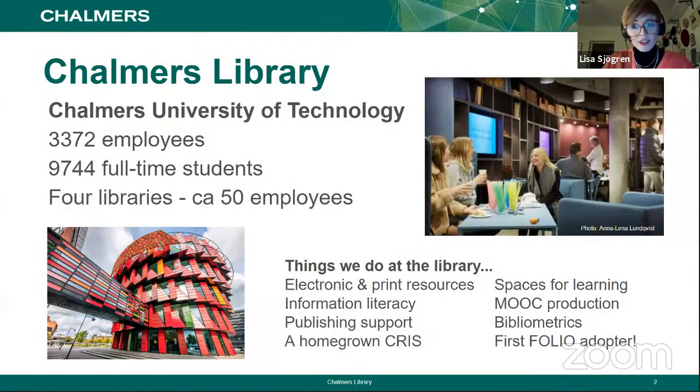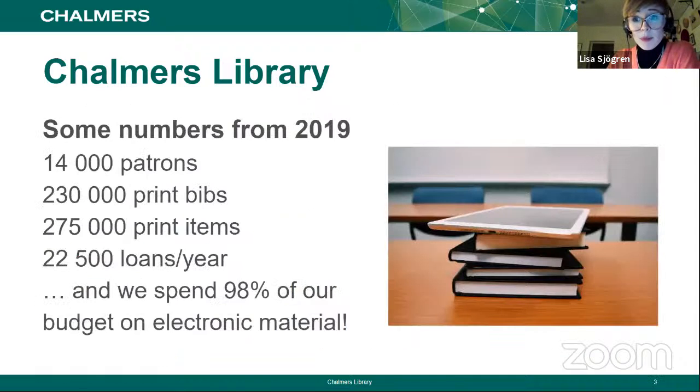And just a few words about Chalmers Library. Chalmers Library is an academic library at a university in the south of Sweden, and it has four libraries with about 50 employees. And here is to give you an idea of the amount of circulation that happens at Chalmers Library.